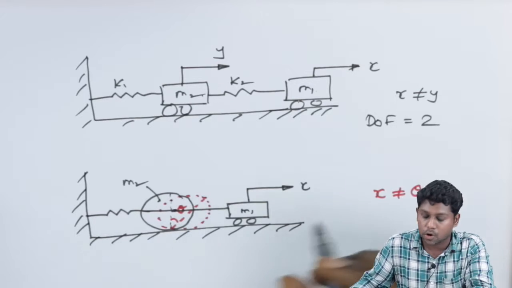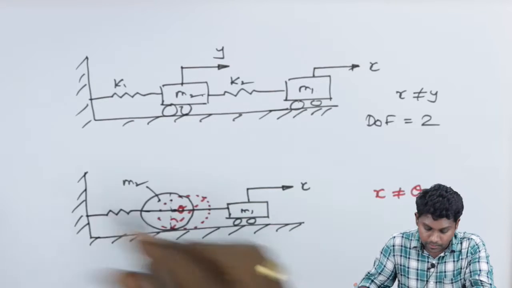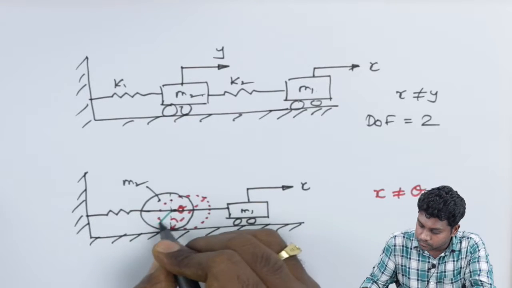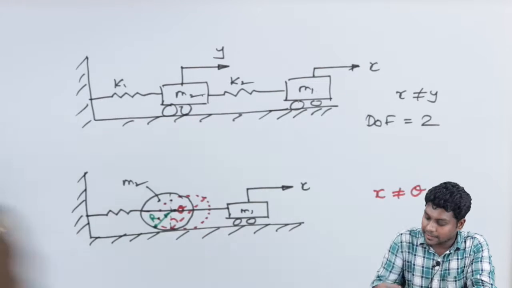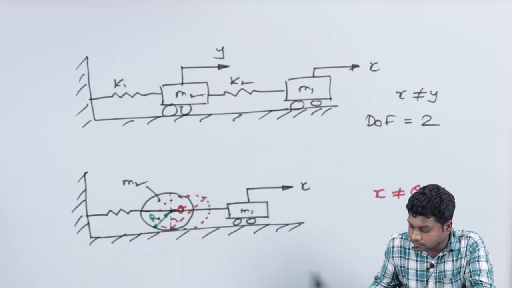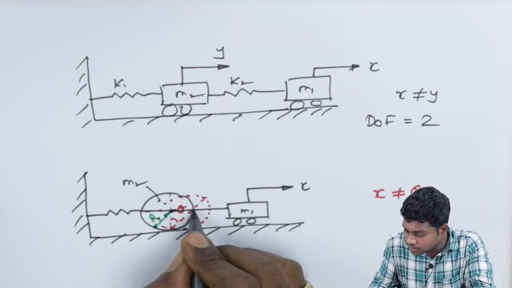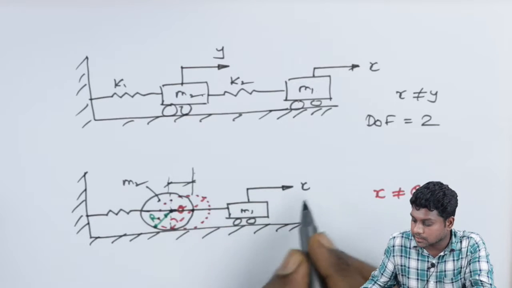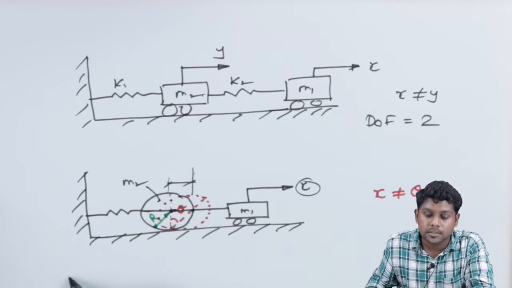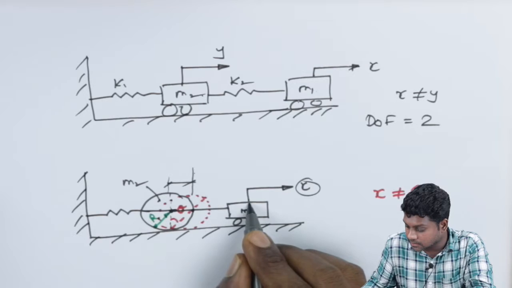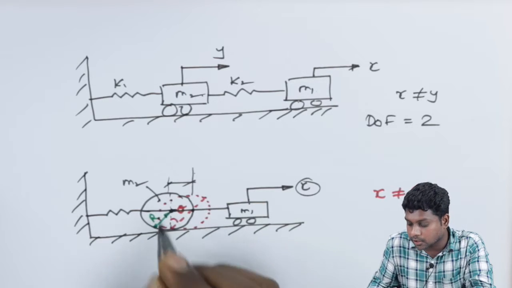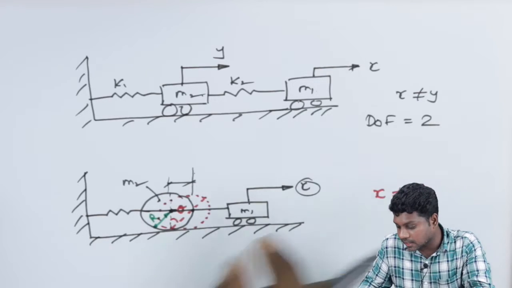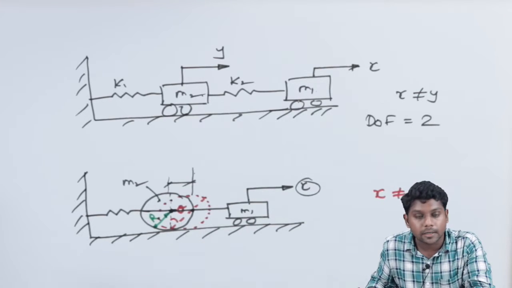Now let us understand how they are dependent. If I take the radius of the disk as r, the distance moved by the center of the disk is this much. This distance is equal to x, because this mass is indirectly connected to the center of the disk. By whatever distance I pull this mass, the same distance will be moved by this center.